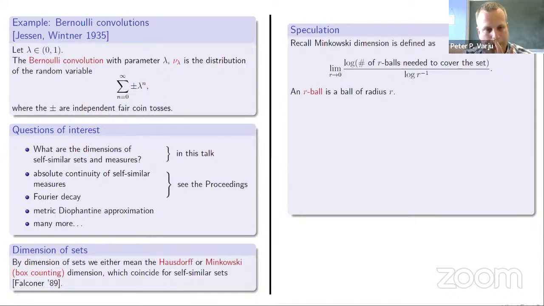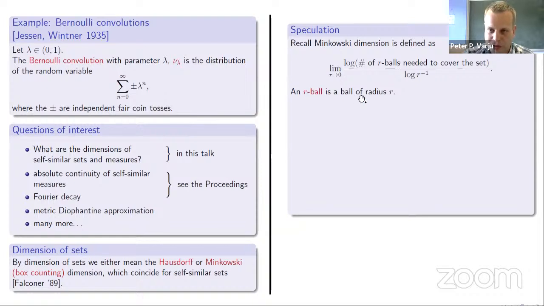Okay, so what could be the dimension? I will speculate a little bit, and I begin by briefly recalling what the Minkowski dimension is. So what you do is that you count the number of R balls that are necessary to cover the set.